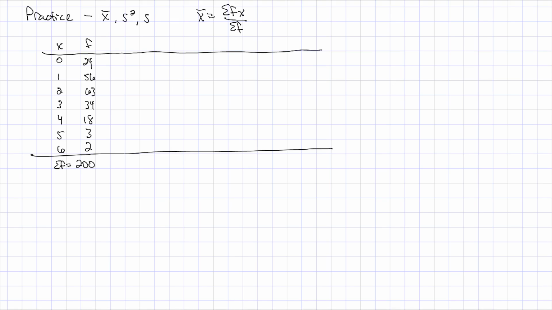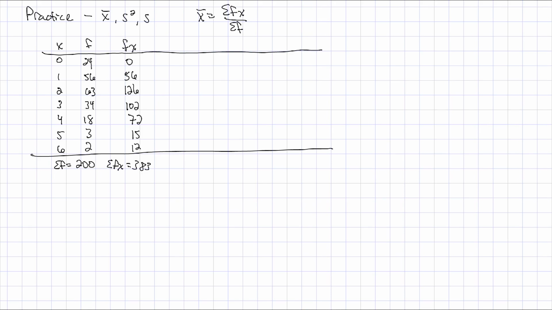We now need to calculate f times x. So we multiply across the rows: 102, 72, 15, and 12. Once we have that column, we can calculate the sum of the fx column, which is 383.